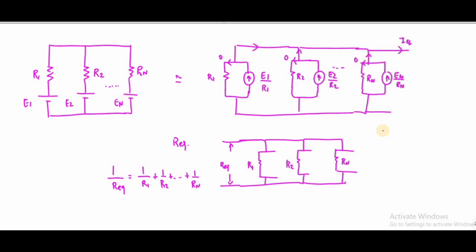So I can write I equivalent is equal to E1 by R1 plus E2 by R2, and it goes up to En by Rn.